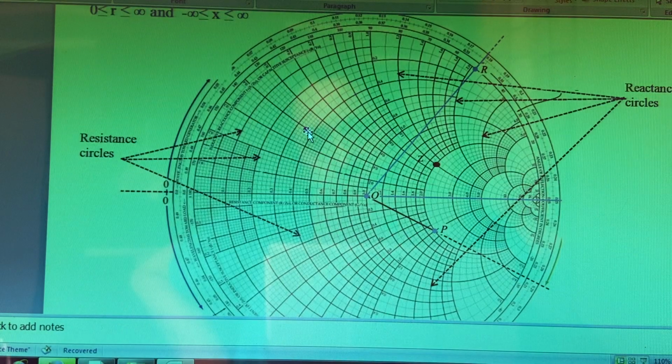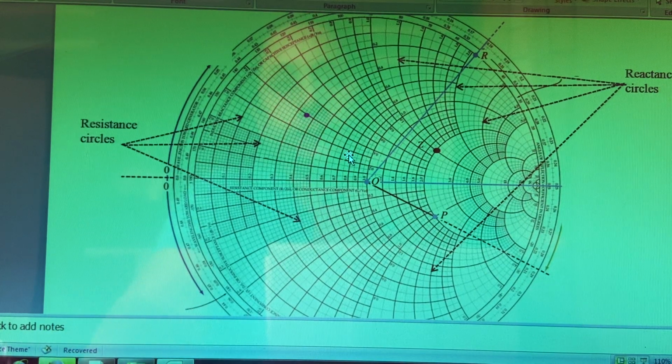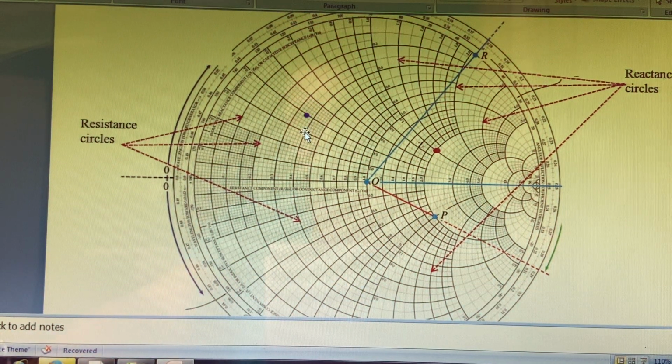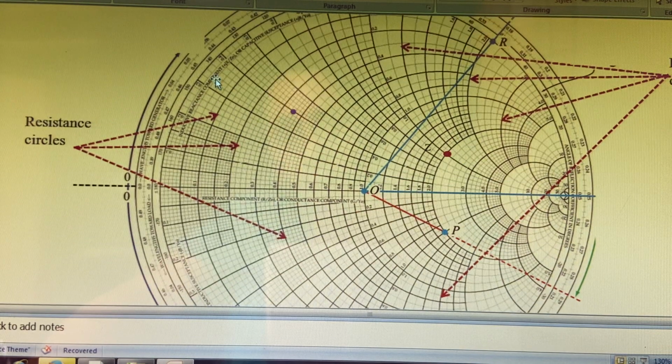Similarly, for this point, we can read the impedance at this position. This is the intersection of this reactance circle. So the reactance value we can read here. This reactance is 0.4, so the 0.4 circle is passing through this, and for the resistance circle we should move like this. If you come here, it is in between 0.3 and 0.4, somewhere here.